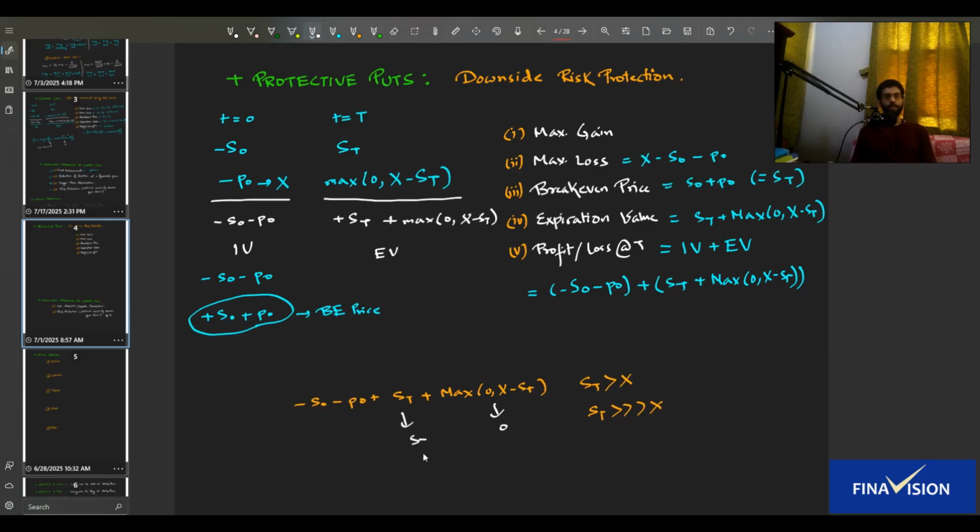This remains ST and the net cash flow is ST minus S0 minus P0, right? So the higher the ST is, the greater the gain is, and theoretically it is unlimited. So we can write the maximum gain here. This is equal to ST minus S0 minus P0, which is practically unlimited.